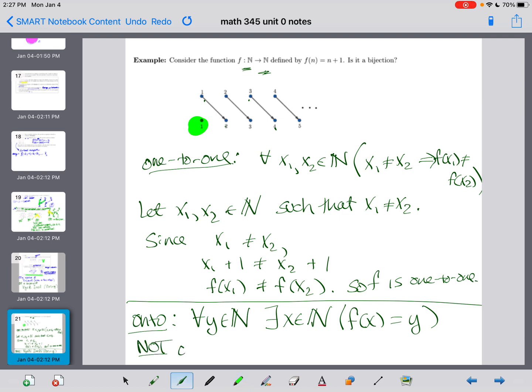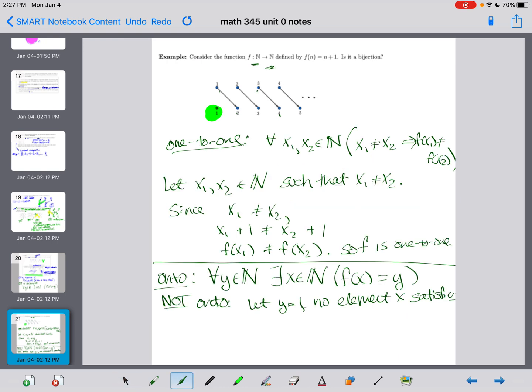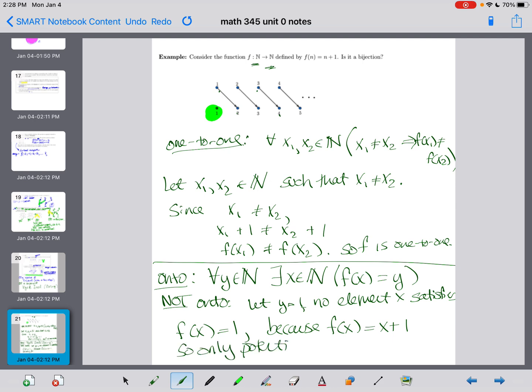This is not onto. If we let y be equal to 1, then no element x is going to satisfy that f of x is equal to 1, and that's because f of x is defined to be x plus 1, and so the only potential x value would be x equals 0 if you want to have an output of 1.